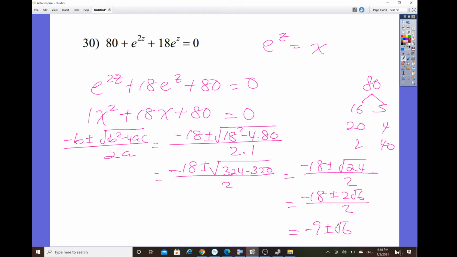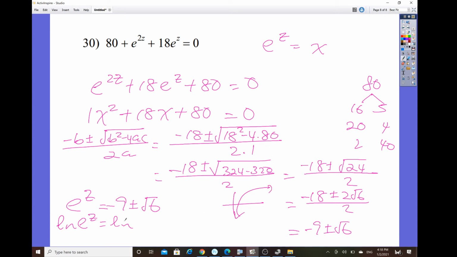So once you find out the value of x, you want to set that equal to e to the power of z. Now keep that in mind. What happens if you take the natural log on both sides? It cannot be a negative number, because natural log of any negative number would be an error.